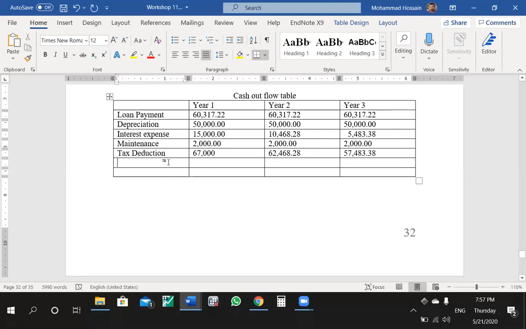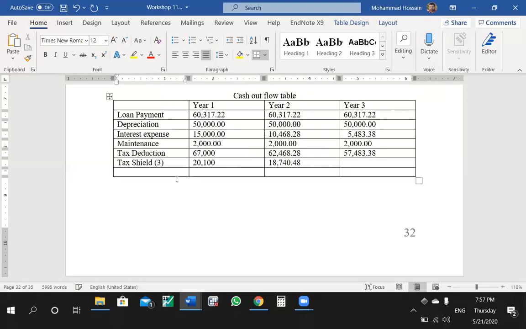The tax shield will be 30% of the tax deductions, which is 18,740.48 for the first figure.